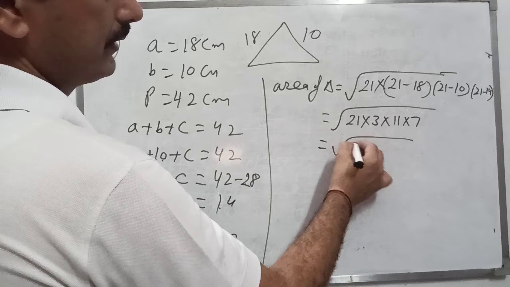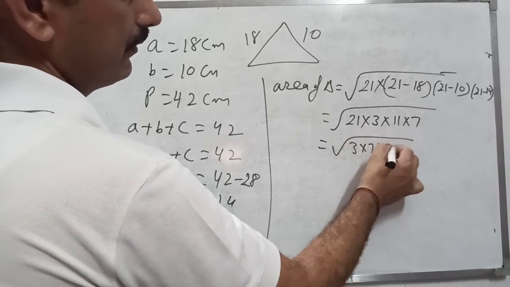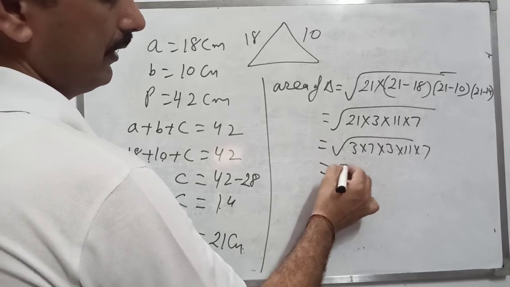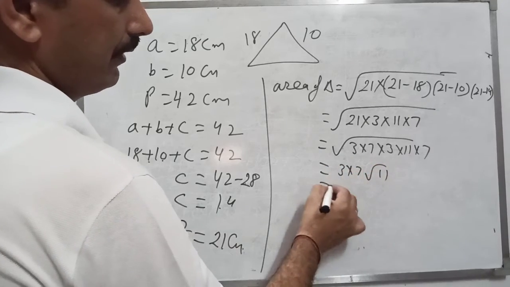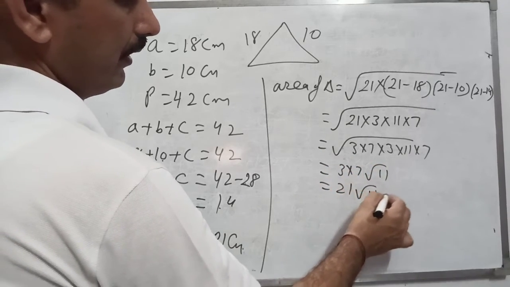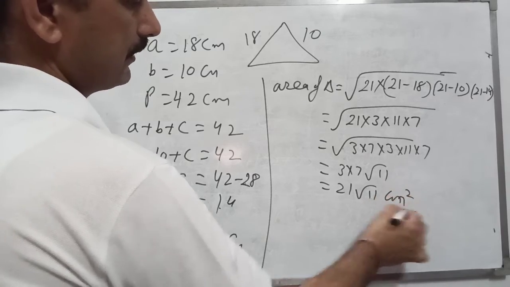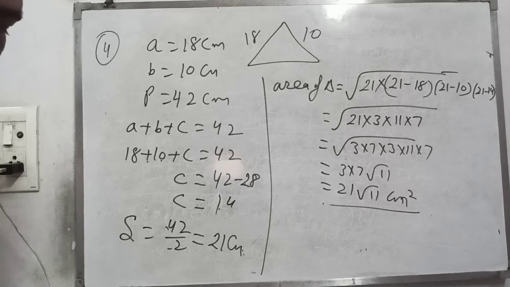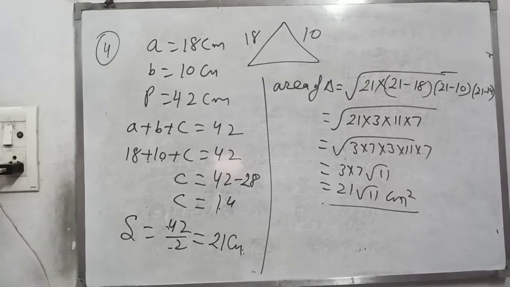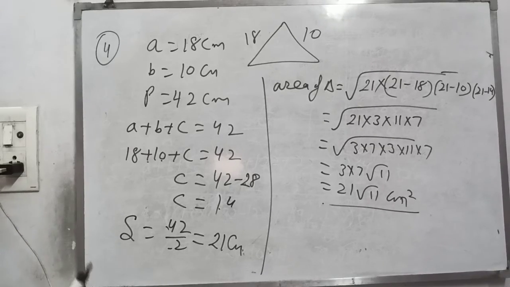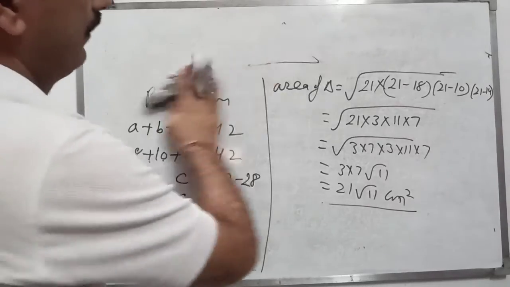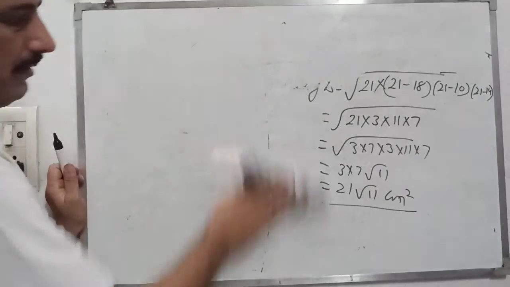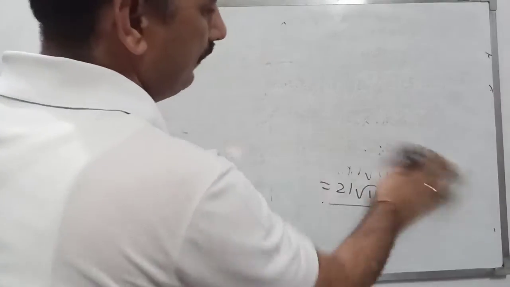So 21 is written as 3 into 7 into 3 into 11 into 7. So 3 into 7 under root 11. So 21 under root 11 centimeter square is the area of that triangle. Right? Then we take the next question, question number 5.